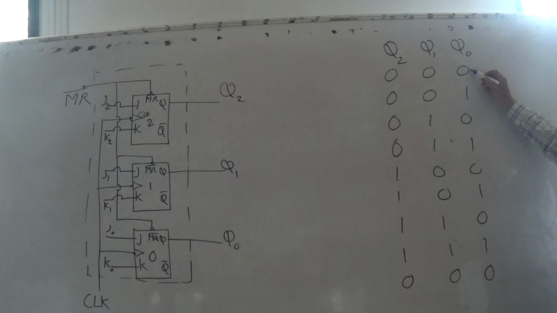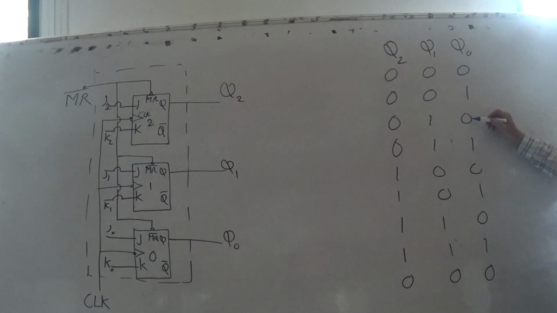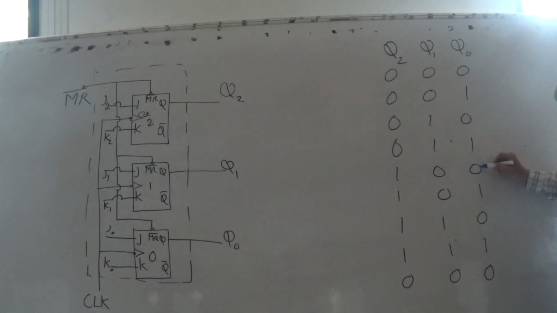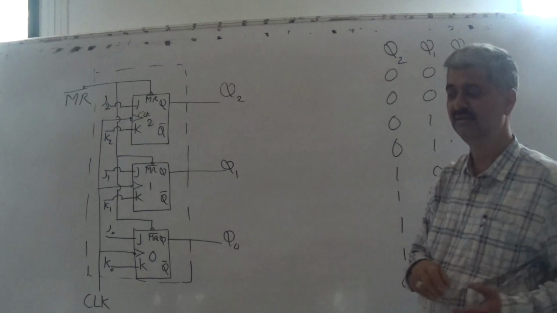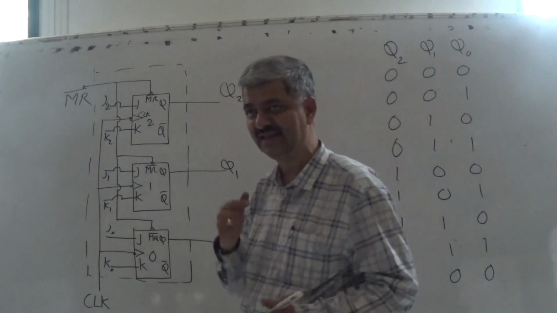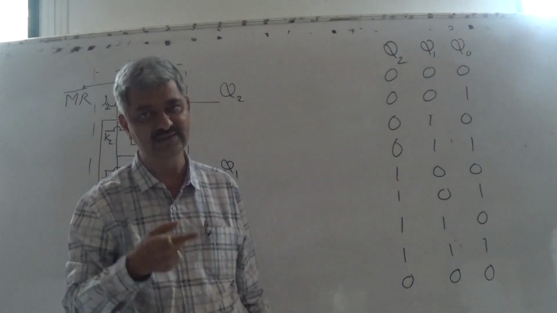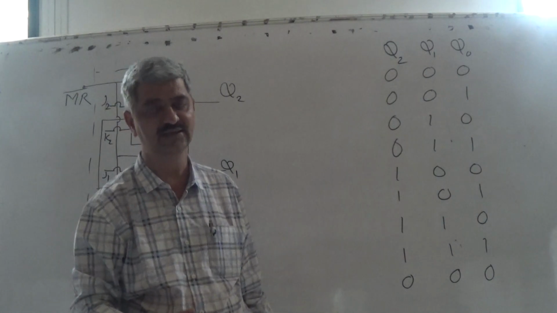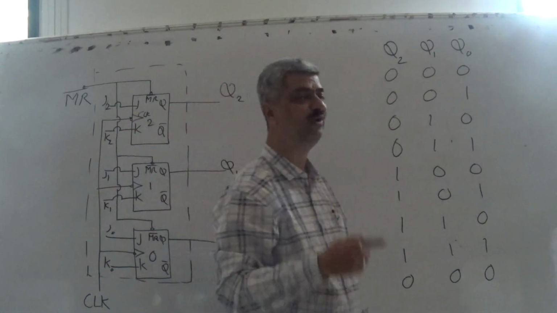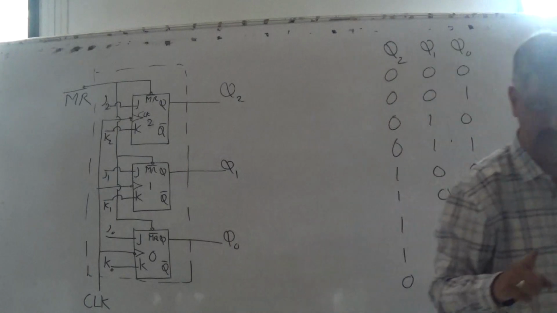Q0 is 0, 1, 1, 0, 0, 1, 1, 0, 0, 1. So I find that in every next state, Q0 always toggles.